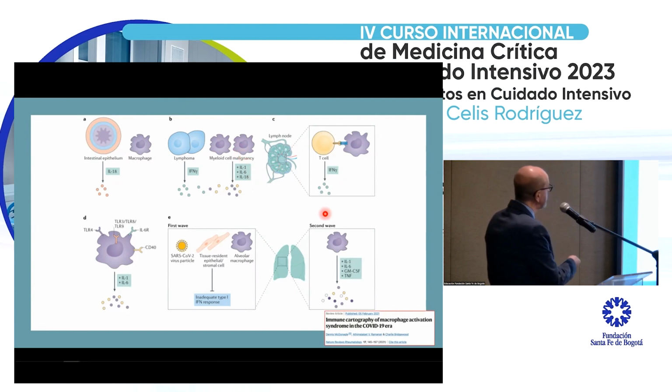You can have other types of activation of the macrophage system by, for example, the activation through the toll-like receptors in viral infections. In this particular case, you have a SARS-CoV-2 infection. You can have the initial response, a first wave of inflammation, and then a second wave of inflammation we see so frequently.